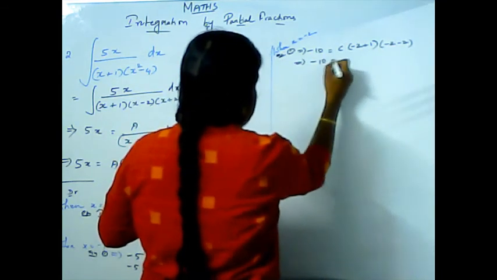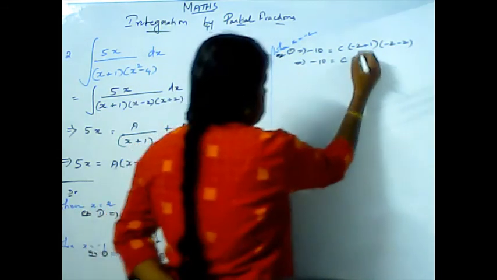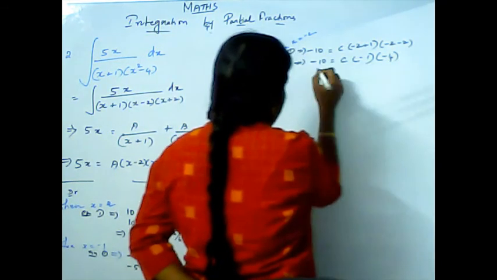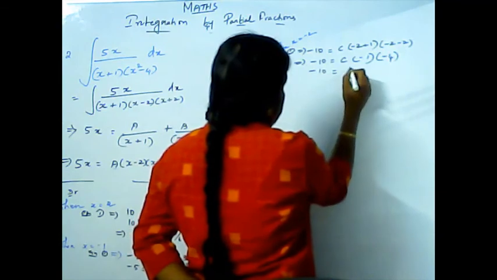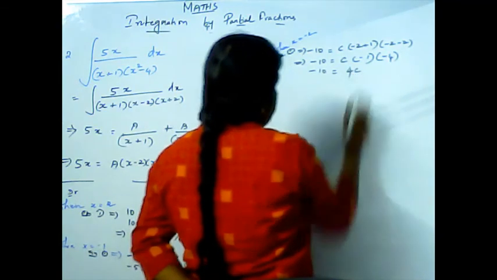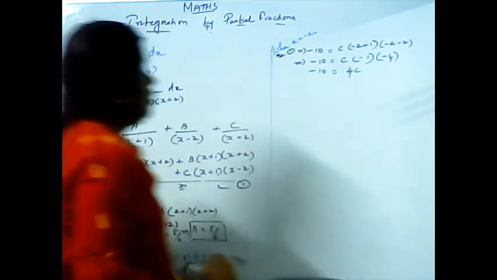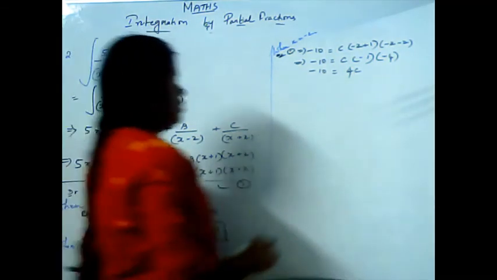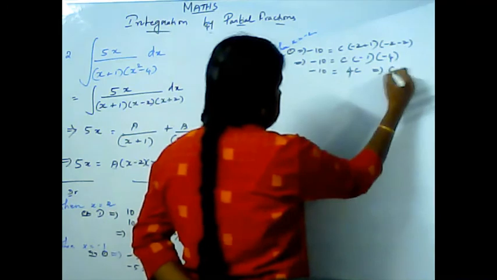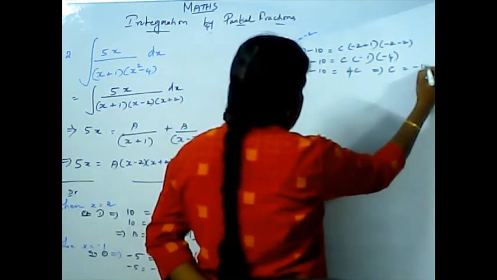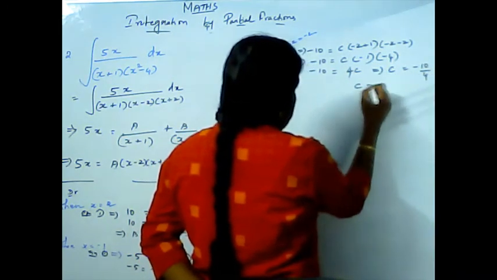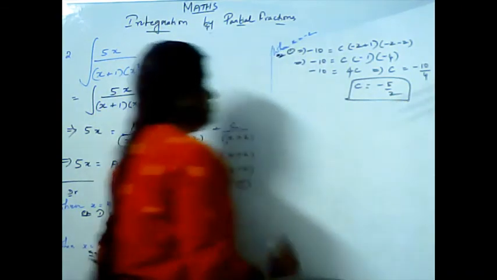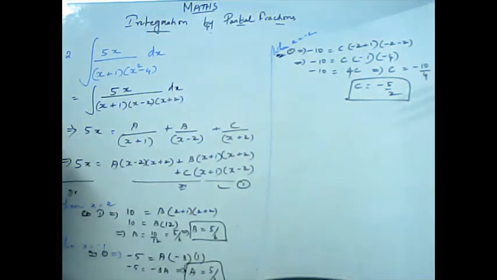So minus 10 is equal to C into minus 1 into minus 4, minus into minus becomes plus, so minus 10 is equal to 4C, which implies C is equal to minus 10 by 4, which is minus 5 by 2. The C value becomes minus 5 by 2.